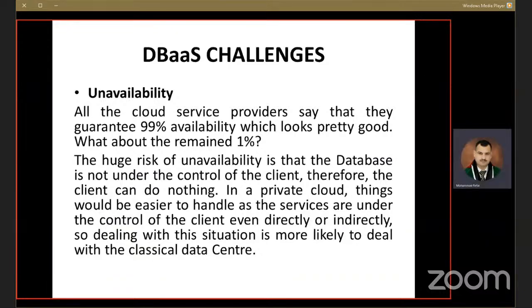The huge risk of unavailability is that the database is not under the control of the client. Therefore, the client can do nothing. In a private cloud, things would be easier to handle as the services are under the control of the client, even directly or indirectly. So dealing with this situation is more like dealing with the classical data center.